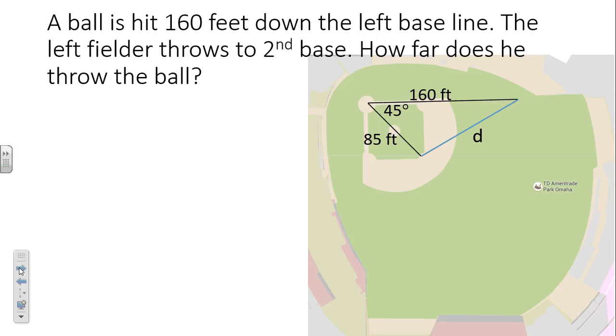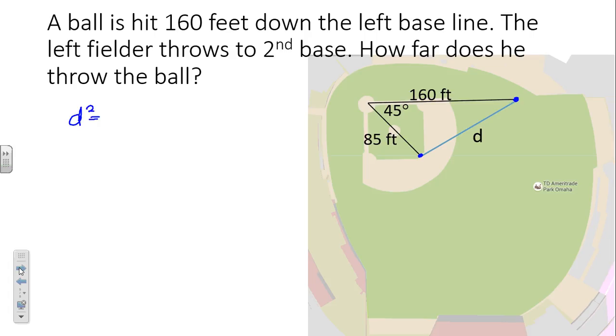Okay, so let's just set it up. We're trying to find the distance from the left fielder, 160 feet out, to the second baseman at second base. Line drives straight down the third baseline. Okay, so what's it going to say? A squared or d squared in this case, right? We can throw a different variable in there. It shouldn't hurt a thing.